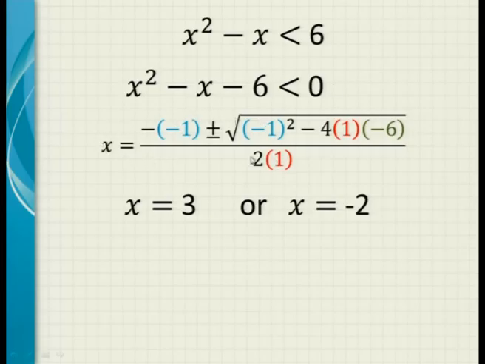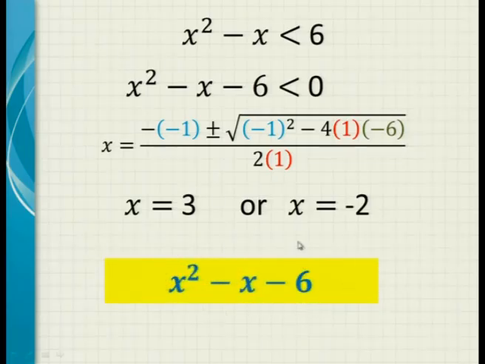What we've solved here is which values of x will make this thing equal to 0. It's important that you understand that. We are looking at the value of this yellow box.